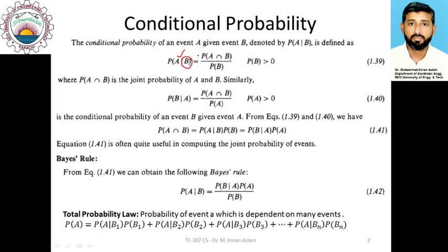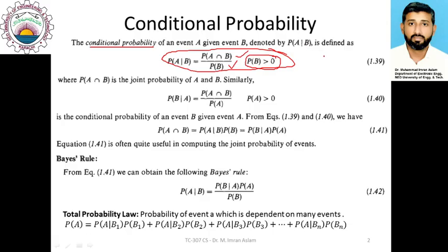So this conditional probability is actually defined by this mathematical relationship here, that probability of A given B is probability of A intersection B divided by probability of B. Of course, this formula is valid whenever probability of B is greater than 0.